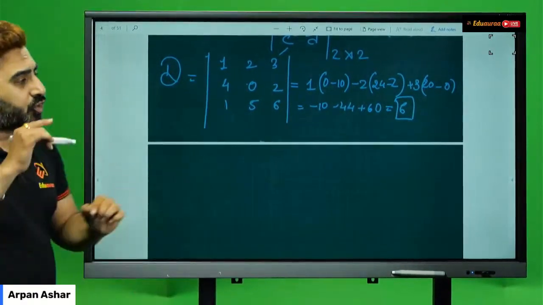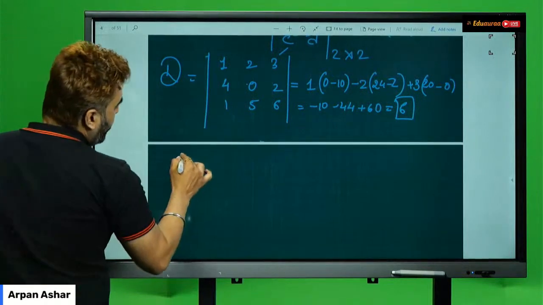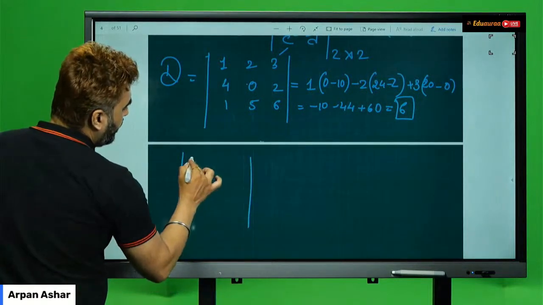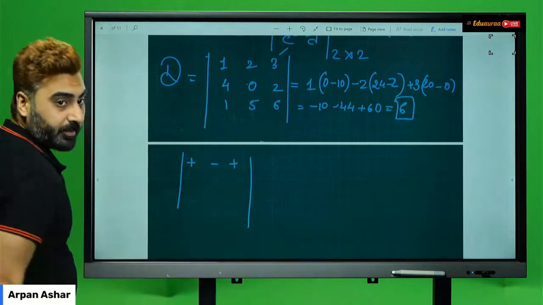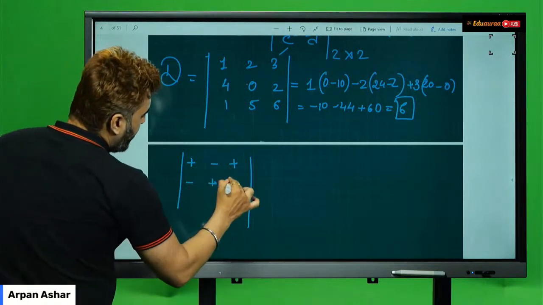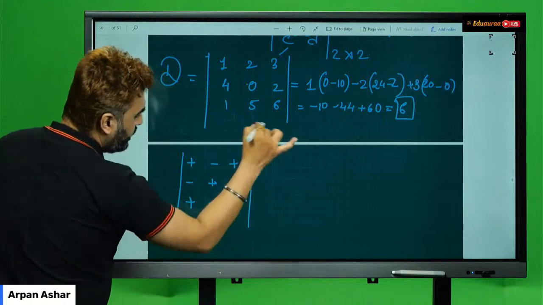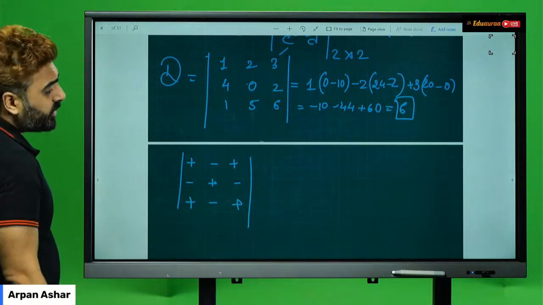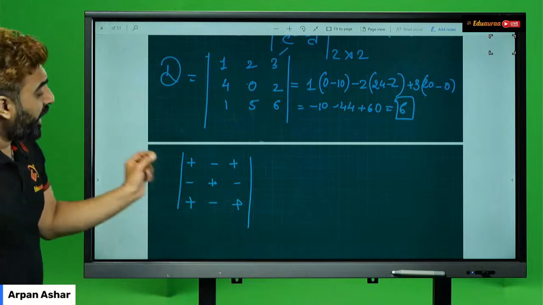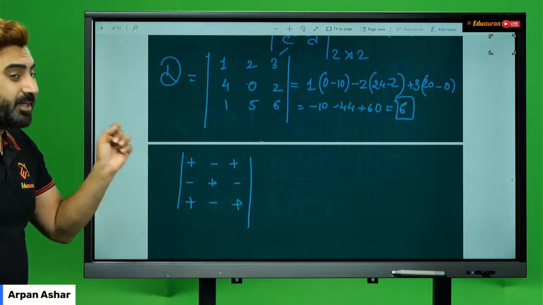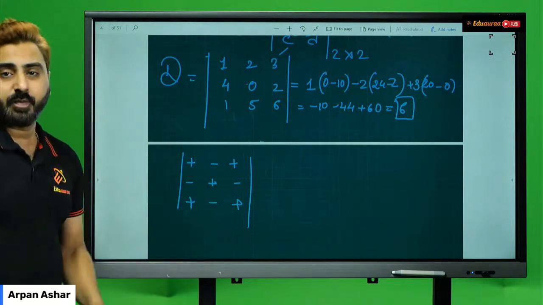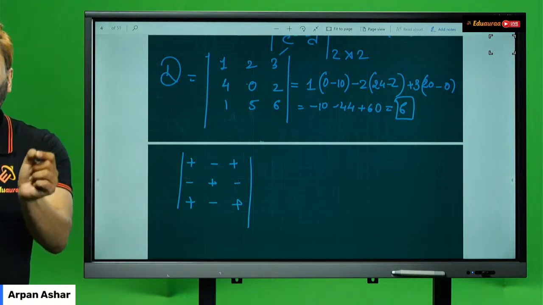के लिए भी होगा. सो द शॉर्टकट ऑफ दिस साइन कन्वेंशन इज प्लस माइनस प्लस, माइनस प्लस माइनस, and plus minus plus. So suppose if they ask you find determinant along any row, हमें sign convention पता है, so we will put sign accordingly.